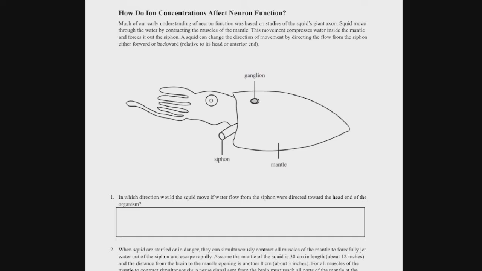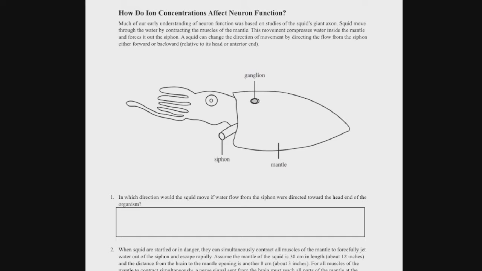So, with that in mind, for number one, it's asking, in which direction would the squid move if water flow from the siphon were directed toward the head end of the organism?